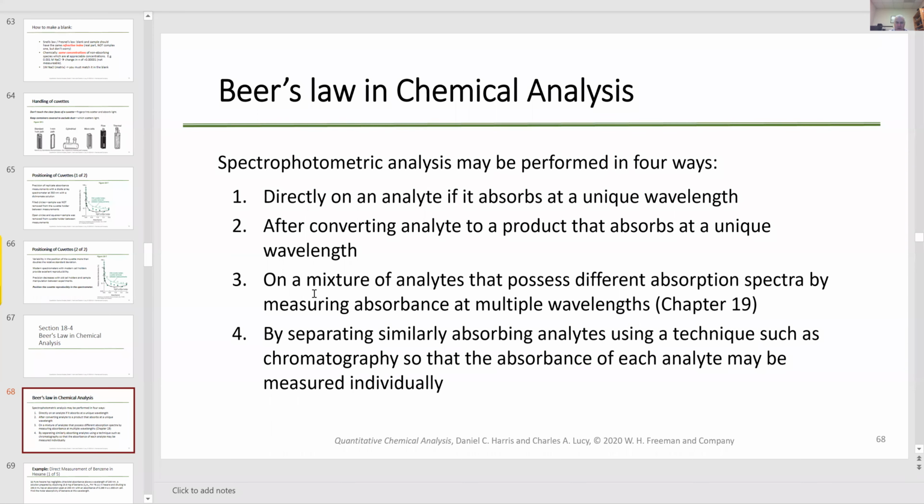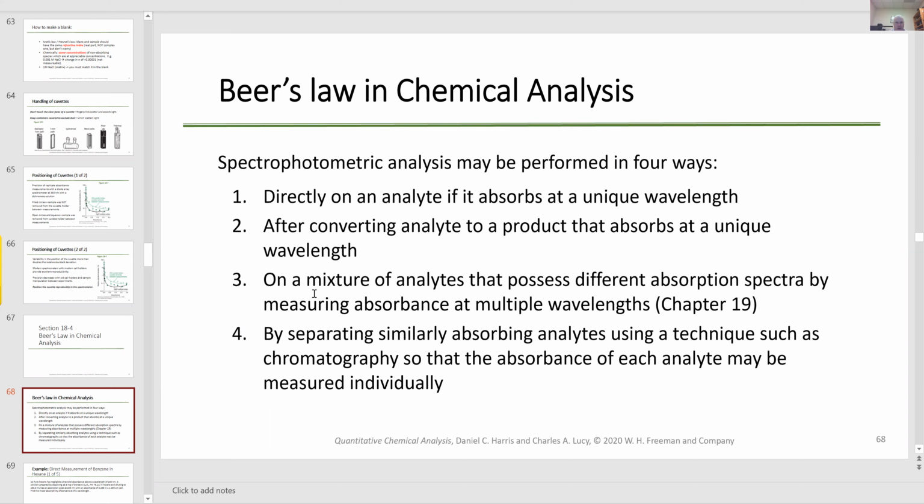So these are practical different ways that you can measure absorption, right? If you have a non-absorbing solvent and the analyte absorbs at 278 nanometers, you can just measure at that wavelength and that'll give you the absorbance.